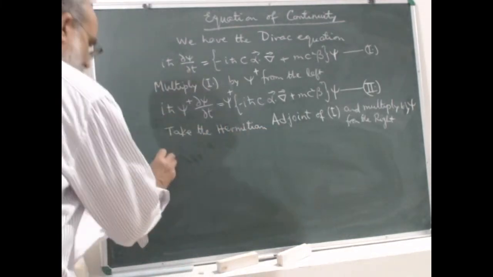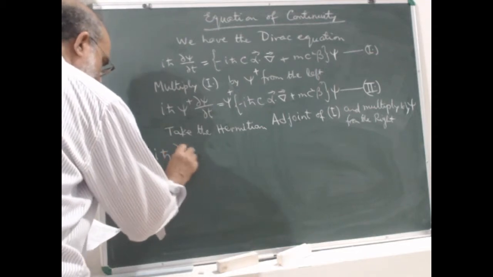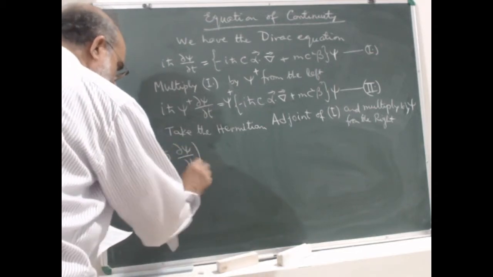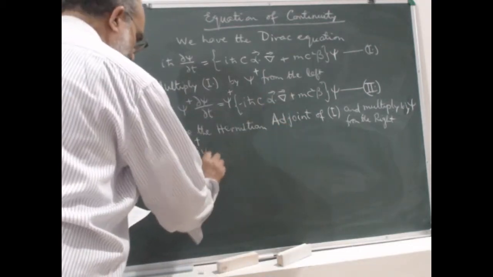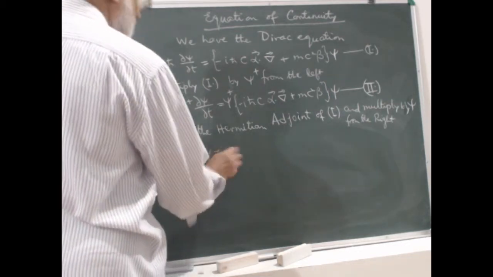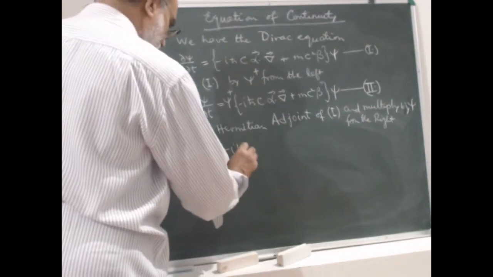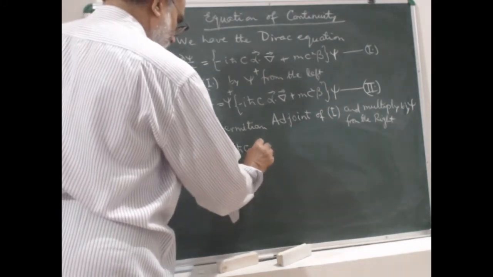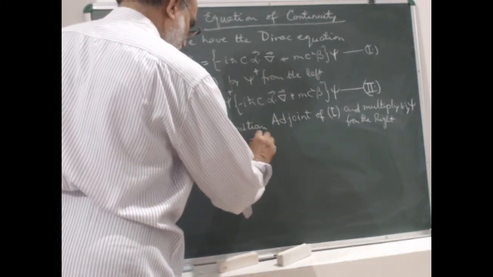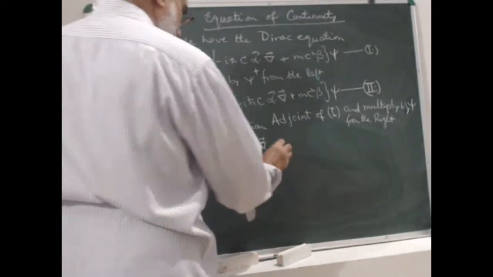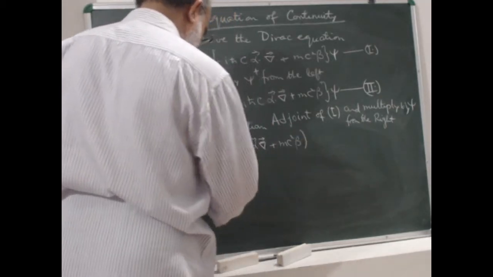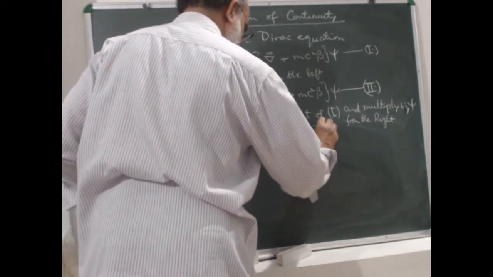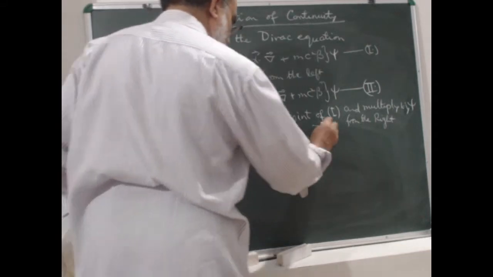So this will be iħ ∂ψ/∂t, its Hermitian adjoint, multiplied by ψ, and on this side minus iħ c α dot ∇ plus m c² β, the Hermitian adjoint of this whole thing, with multiplication by ψ.